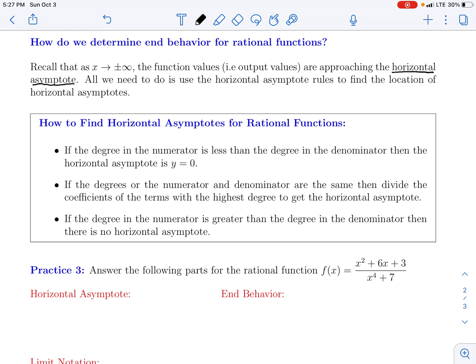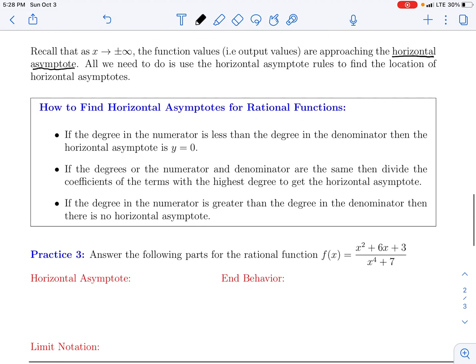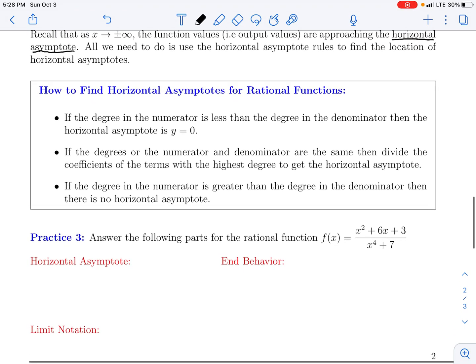So if we want to know what the end behavior is for rational functions, all we need to do is use the horizontal asymptote rules to find the location of horizontal asymptotes. Here I'm recalling those rules from pre-calculus, and they're listed here. We had three cases. If the degree in the numerator is less than the degree in the denominator, then the horizontal asymptote line is y equals 0.